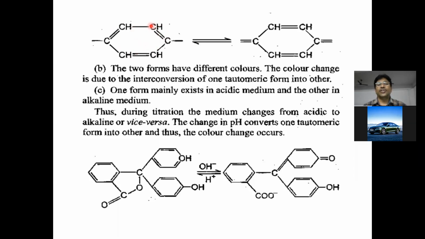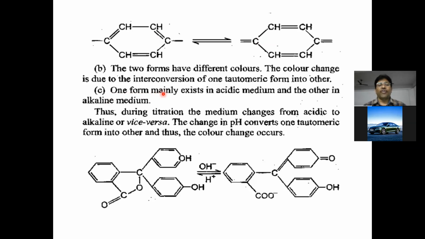Proton will transfer. Due to transfer of a proton within the same molecule from one atom to another atom, the new tautomeric form is formed. So due to this, the color change occurs. Structure will be different, color will be different for these two forms.